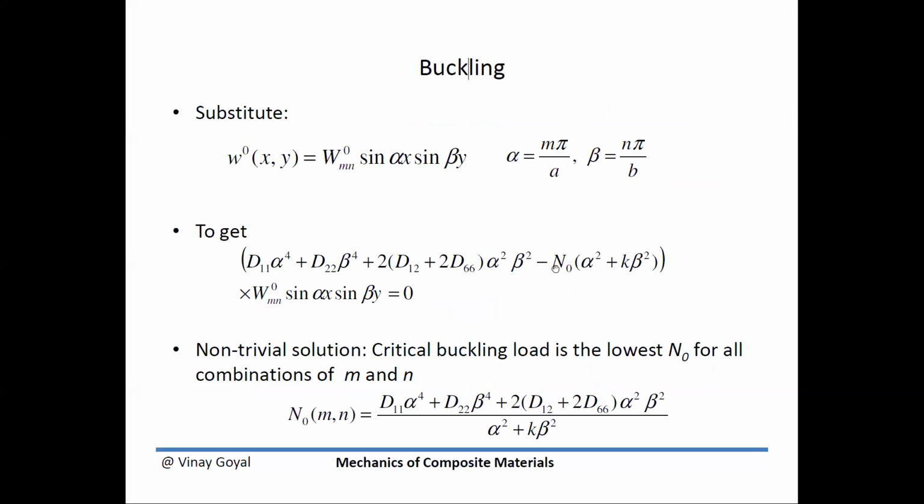Now we can solve for N naught, and when we solve for N naught, we get that the critical buckling load is the lowest value of N naught for all combinations of M and N. Notice here how M and N show up in the denominator, and M and N are also in the numerator. So you have to be smart about how you figure out what the critical buckling load is for all combinations of M and N.